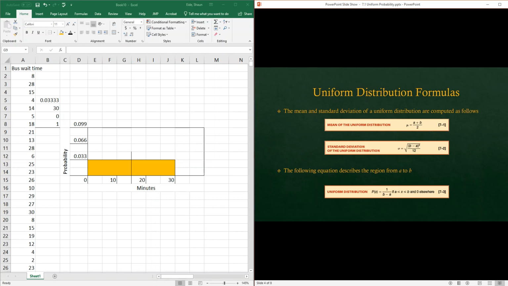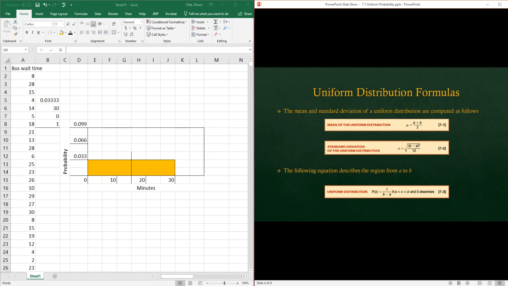So if you, for instance, are at Walmart and you have a uniform distribution of wait times in checkout lines, and the wait time is between 2 to 8 minutes. 2 plus 8 divided by 2, so 10 divided by 2, gives you a mean of 5.